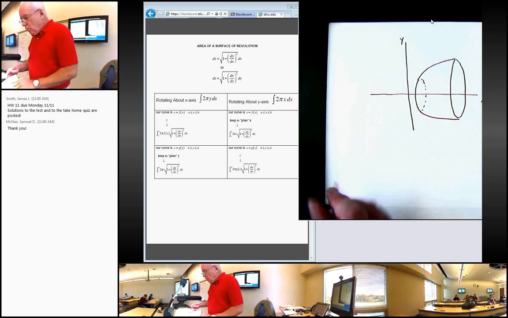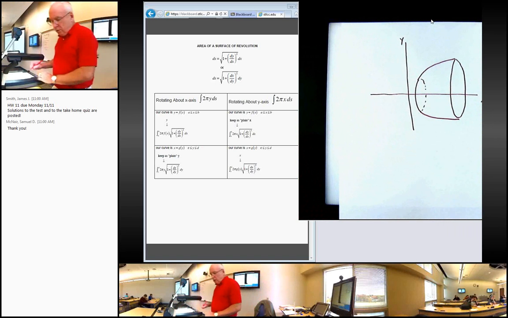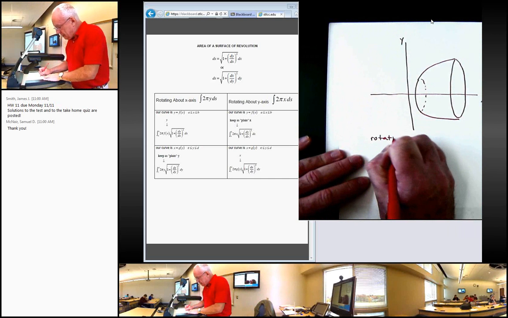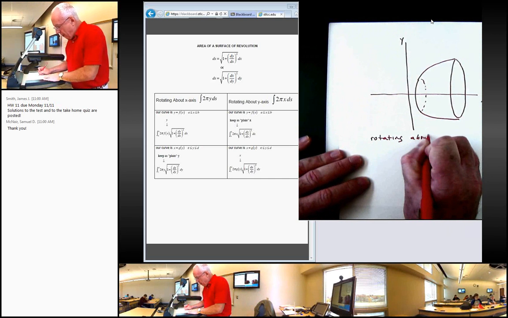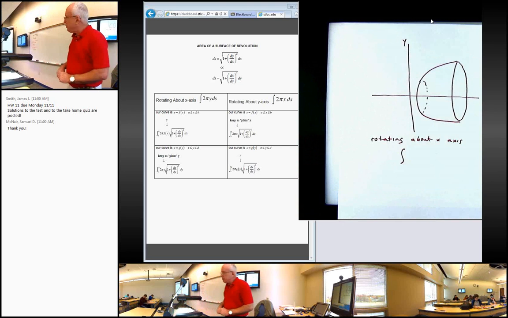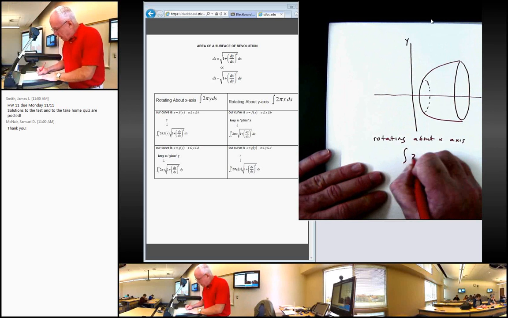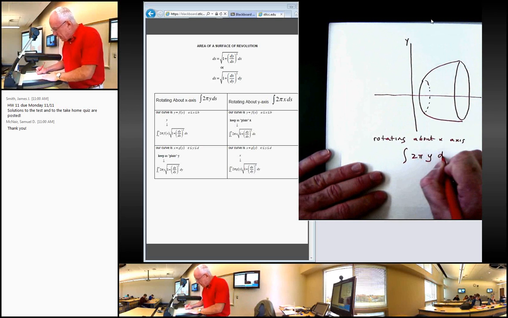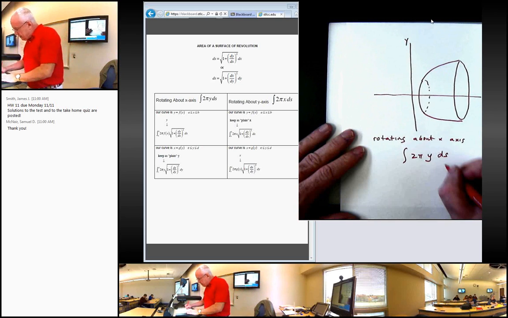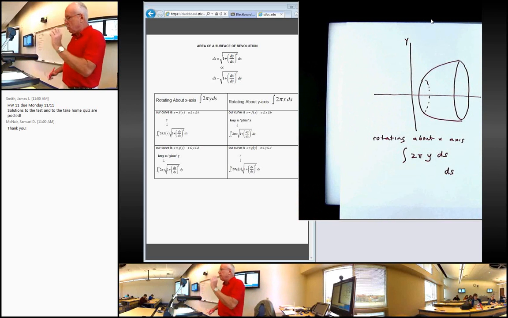You have this handout, and I've got it up here on the screen also, that says if we're rotating about the x-axis, the general formula for the surface of this shape is 2 pi times y times ds. And ds is that little infinitesimal length of the curve.